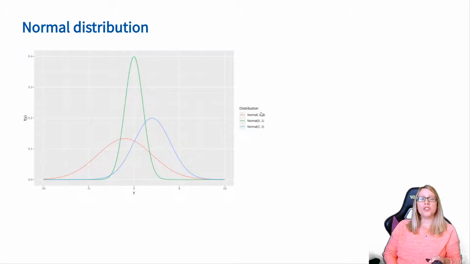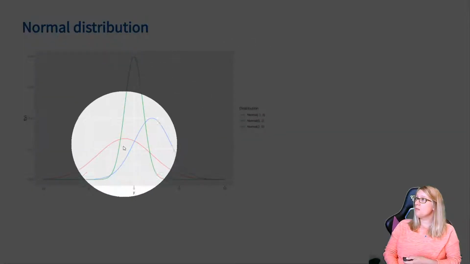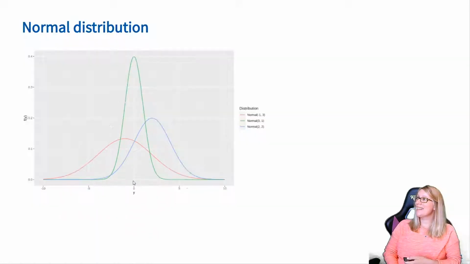The normal distribution has a very familiar shape. Another term for this distribution is the bell-shaped curve. Right away we can see how this normal distribution changes depending on its parameters, depending on the values of mu and sigma. So this parameter mu seems to indicate the center of the distribution, or where this distribution peaks.